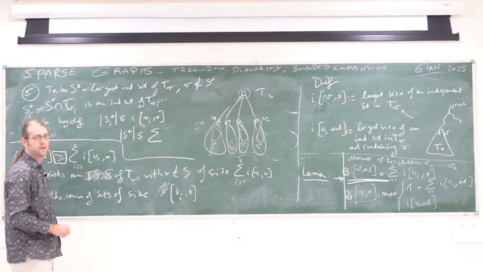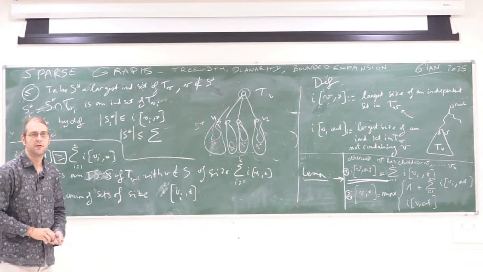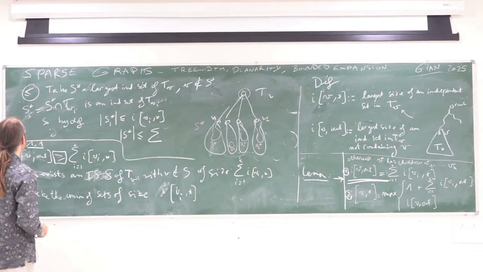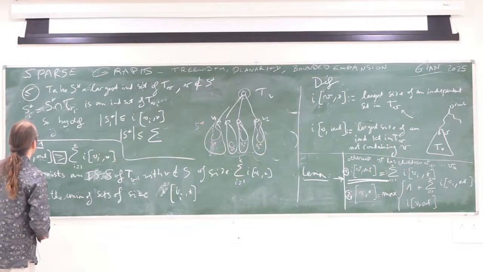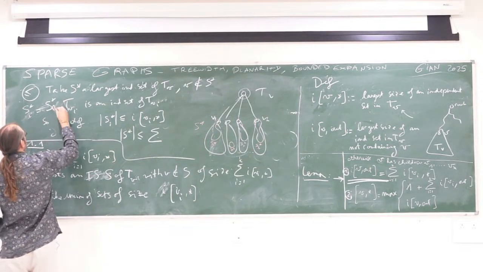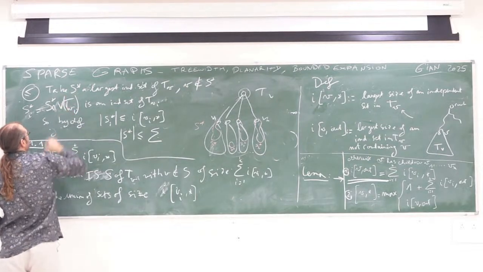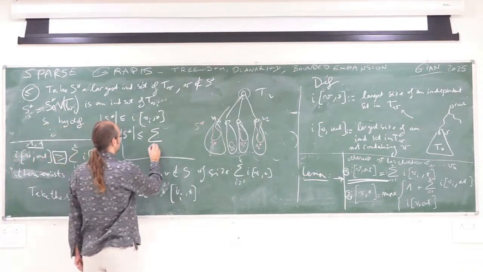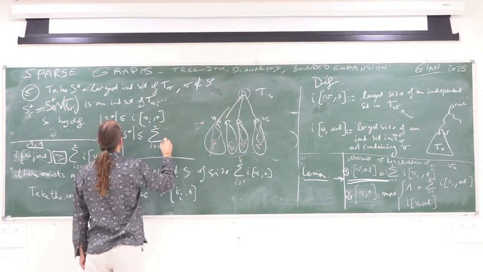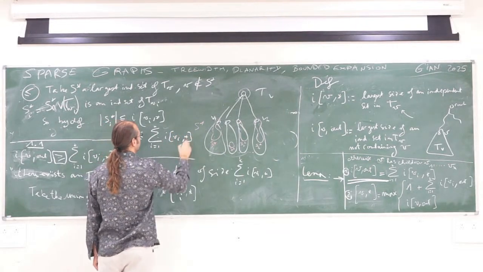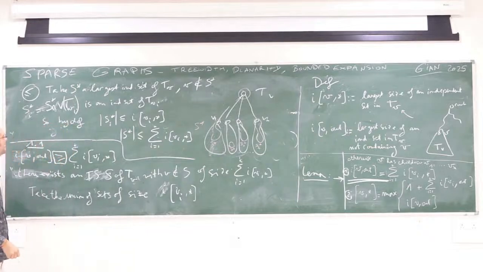Should it be the intersection with V of T_{V_i}, if we are technically completely correct? Yes.